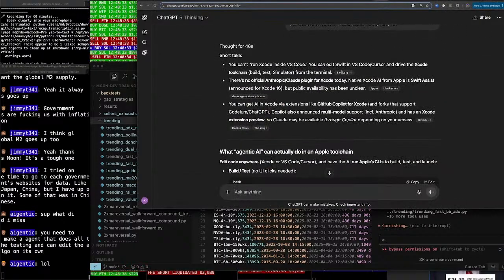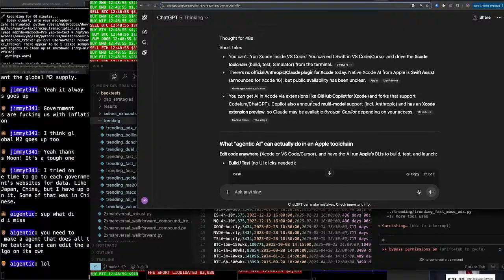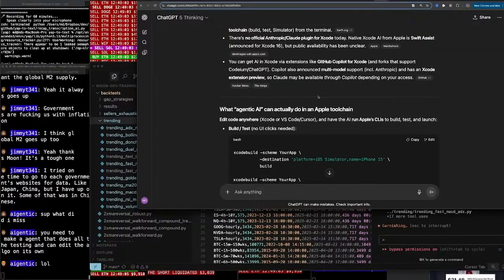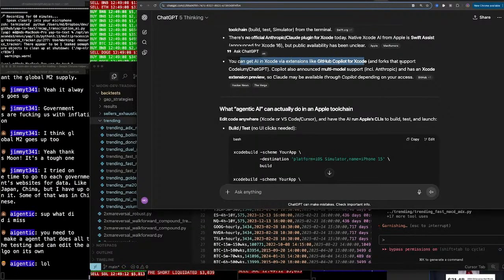You can't run Xcode inside of VS Code. You can edit Swift within VS Code or Cursor and drive the Xcode toolchain, build, test, and simulator from the terminal. There's no official Anthropic Claude plugin for Xcode today. Native Xcode AI from Apple is Swift Assist, announced for Xcode 16, but public availability has been unclear. You can get AI in Xcode via extensions like GitHub Copilot for Xcode, and forks that support Codium or ChatGPT.